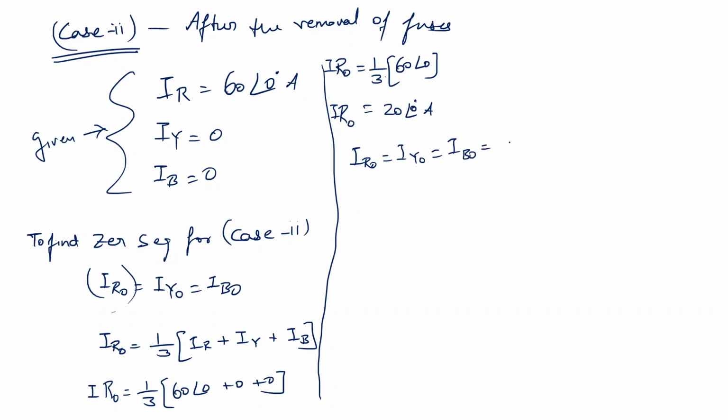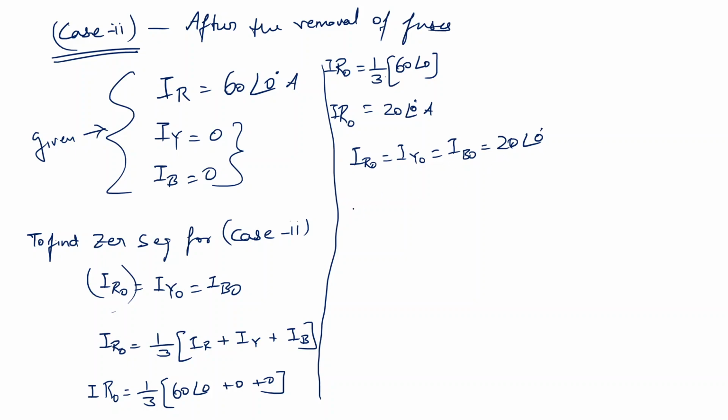This is the question some students asked just now. All these three values are 20 angle 0. Now what is the conclusion? We know that the system is unbalanced. For the unbalanced system, I am getting a zero sequence current of 20.